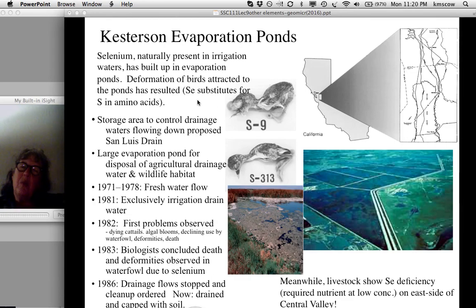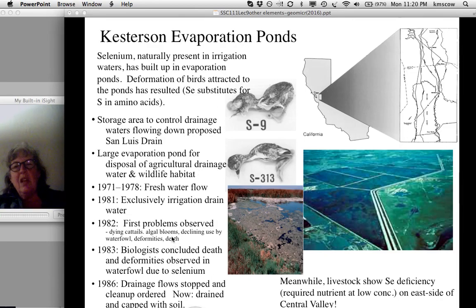So as the water evaporated and kept filling, the selenium concentrations got quite high. Unfortunately, those ponds that had the selenium water in them are very attractive to birds, so a lot of birds ended up landing there and nesting there. And then that's when people started to see these really, really extreme deformities in the birds that were using those ponds and having offspring.